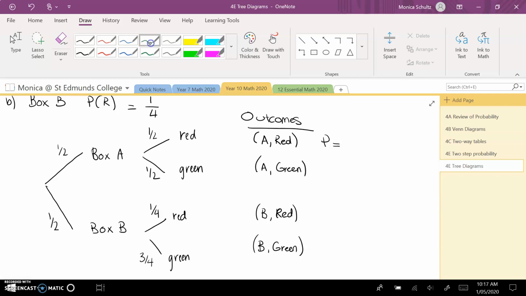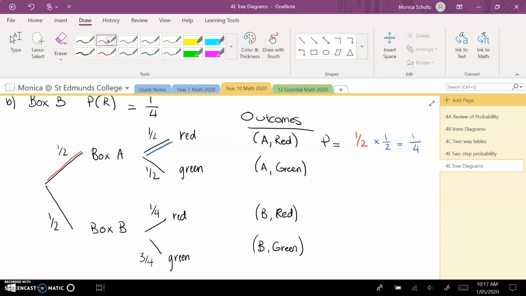I might draw this in a different color to make it a bit easier to follow. My first part comes from here, so that is my half. And then my second part comes from here, so that is times my second half. A half times a half is equal to a quarter.